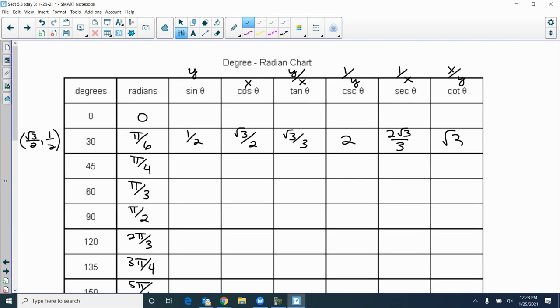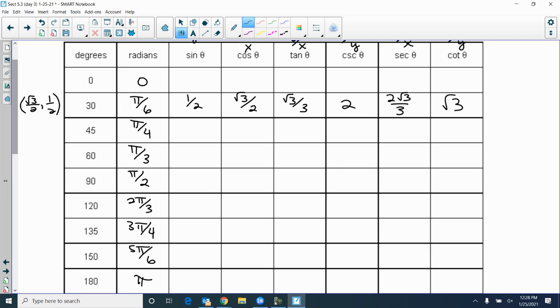All right, now, what other angles have these same coordinates with just the exception of a positive or negative? What 3 other angles have those same coordinates in that order? Okay, as you look at it, I want to make sure this makes sense. Okay. All right.